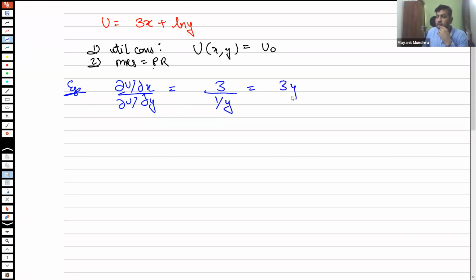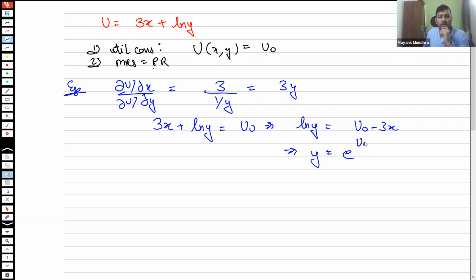So this is equal to 3y. Right? So the MRS is 3y, and the utility constraint is 3x plus lny equals u naught, which implies that lny should be equal to u naught minus 3x, which implies that y should be equal to e to the power u naught minus 3x.